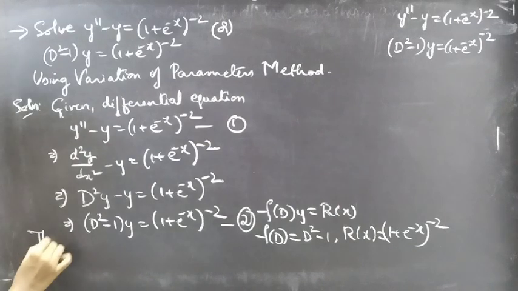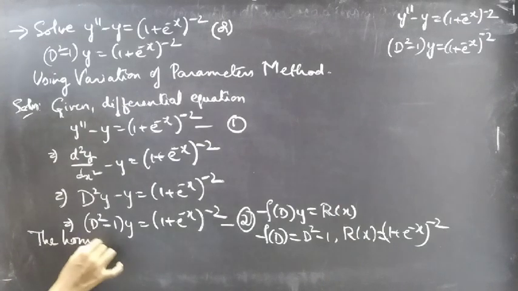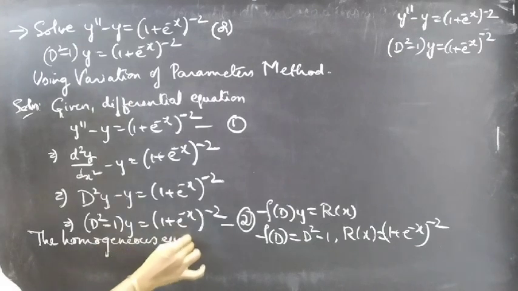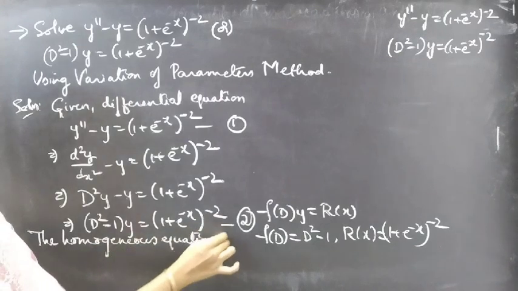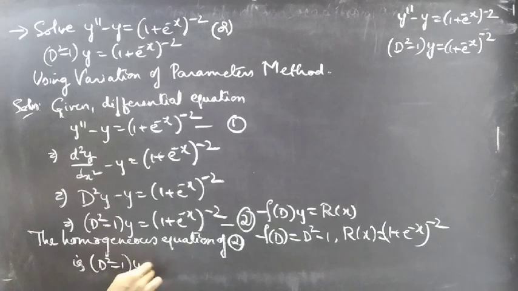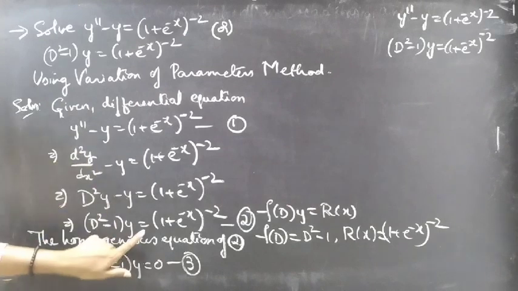And the homogeneous equation of 2 is (D square minus 1) y equal to 0. Consider it as equation 3. Now we'll find the solution of equation 3 using the auxiliary equation, and later using the solution of equation 3 we'll find the general solution of 1 and 2.